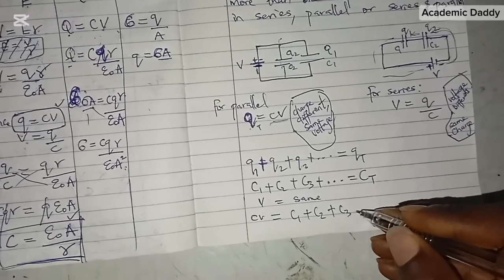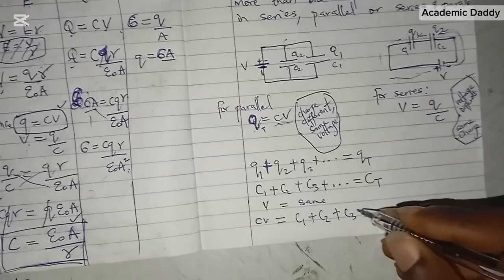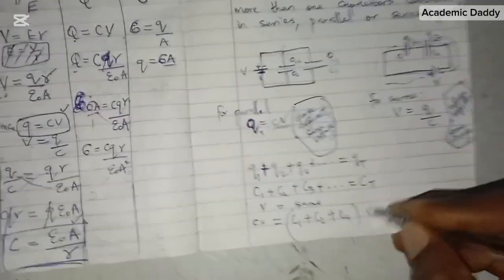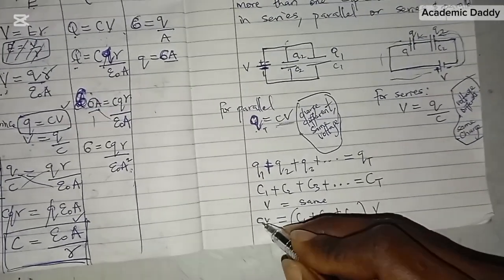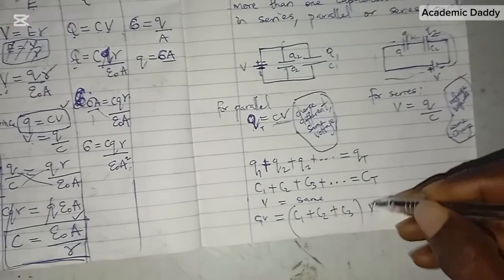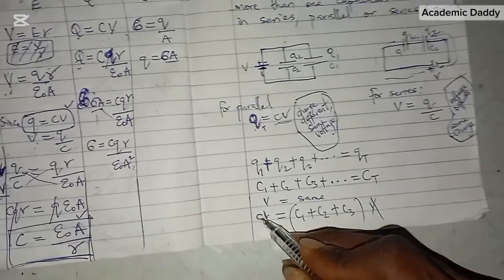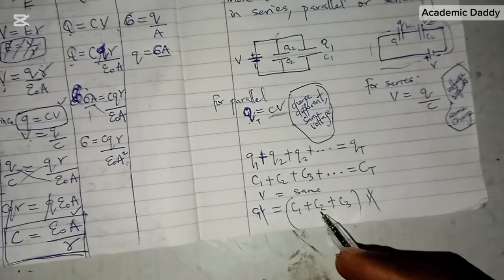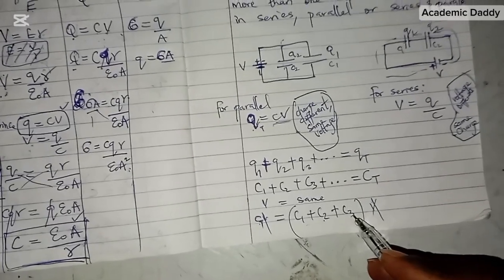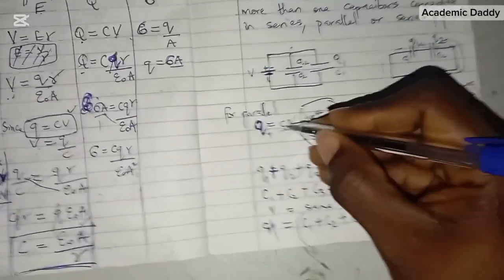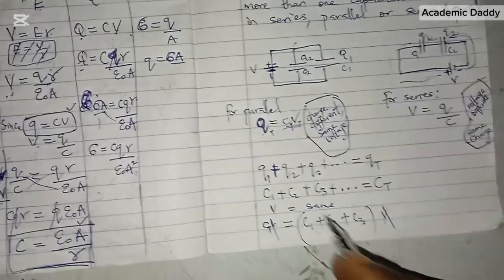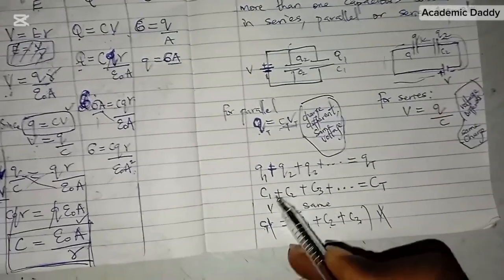Now notice something. As C is changing, voltage will remain the same. So this voltage can cancel this voltage, so that I have total C equal to C1 plus C2 plus C3. You see it? Total C, total V. And you can get it this way too.